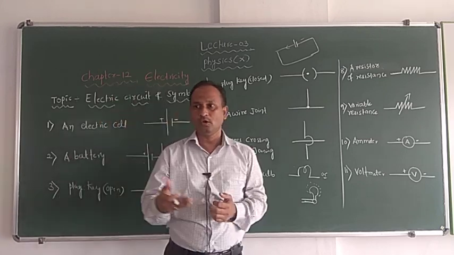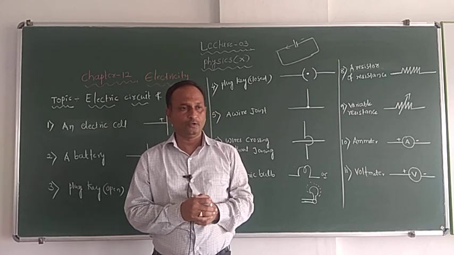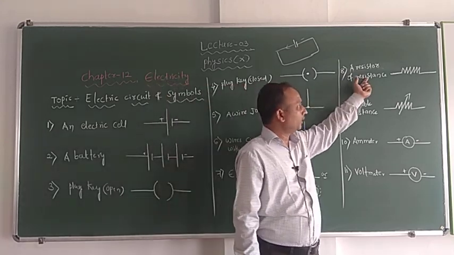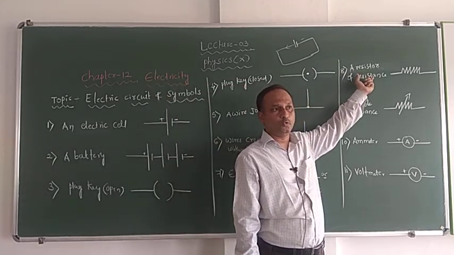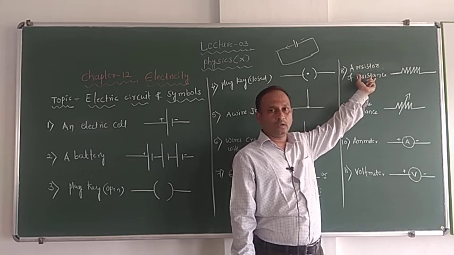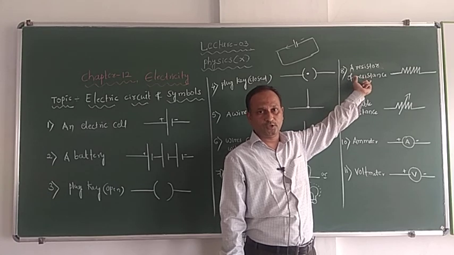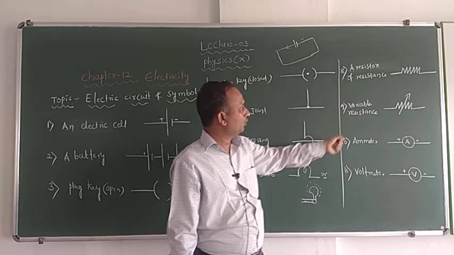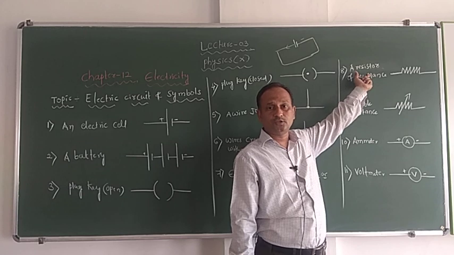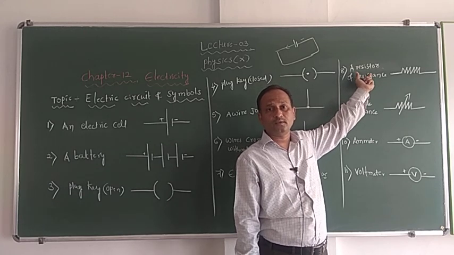As the resistance is more, the current will be less. We are going to study how the resistor works in the next session. The unit of resistance is ohm. The main function of the resistor is to oppose the flow of current in the circuit.